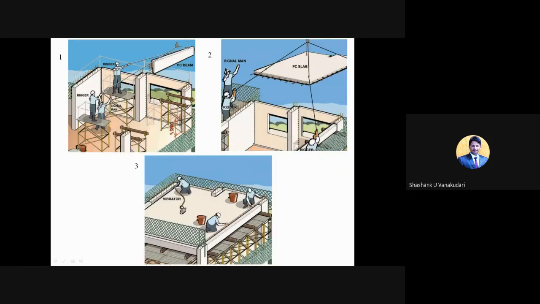So here you can see how exactly they need to install these horizontal members. Here you can see the PC beams, I mean the pre-stressed concrete beam, as well as this PC slab. These are the two main horizontal members which come in the erection part.